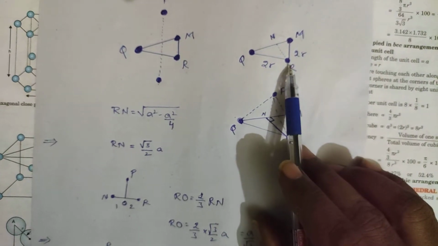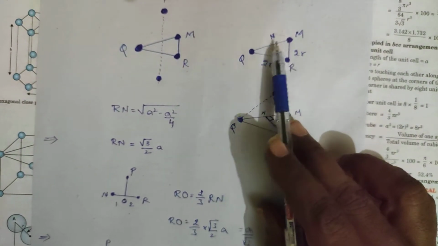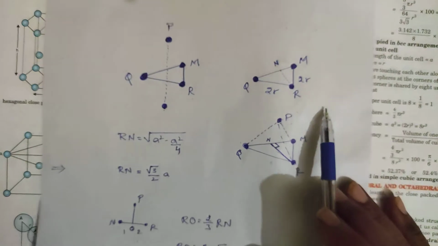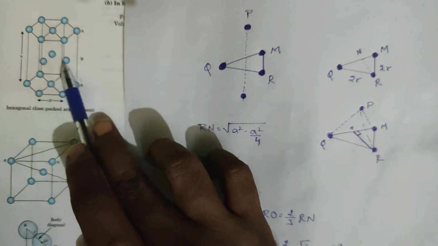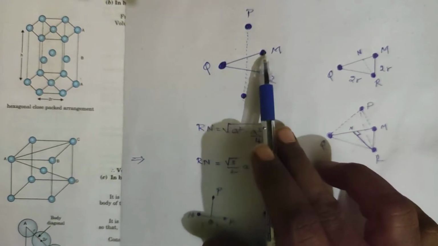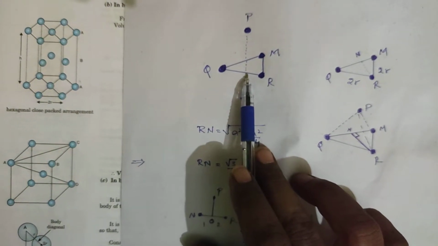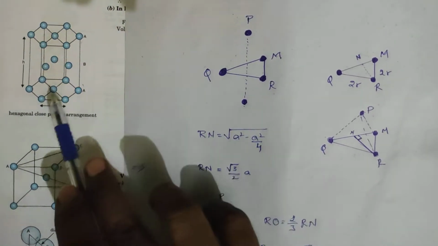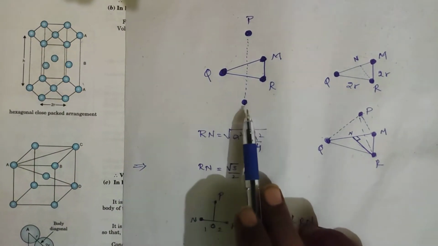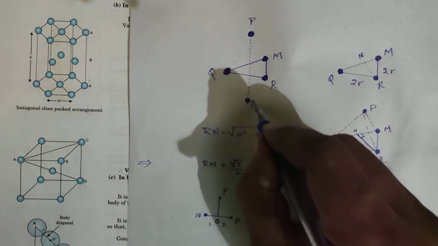Now from R I am bisecting QM. The 3 particles between the two layers I am linking, forming an equilateral triangle. The particle which is above I am representing with P, and the below particle you can write as A, nothing will happen.